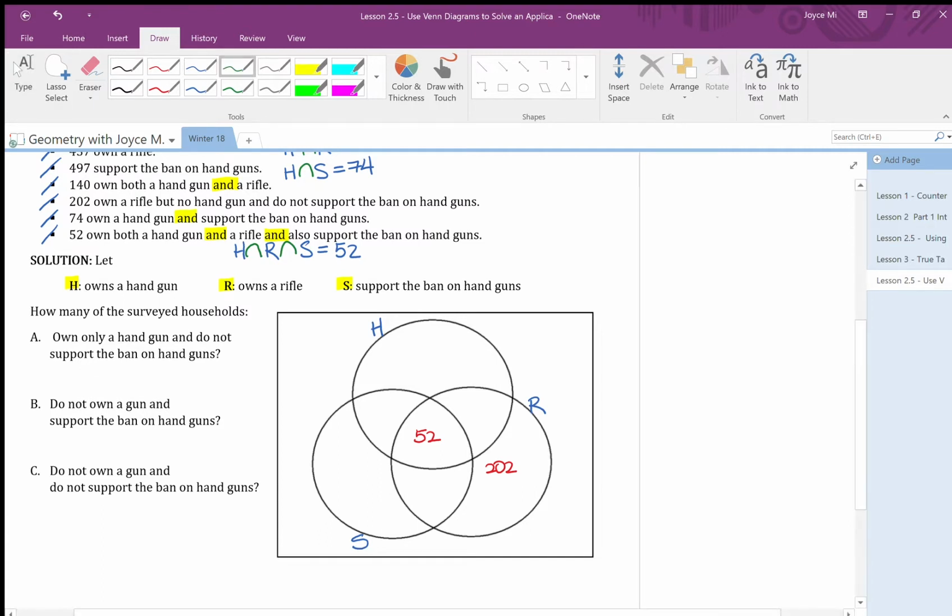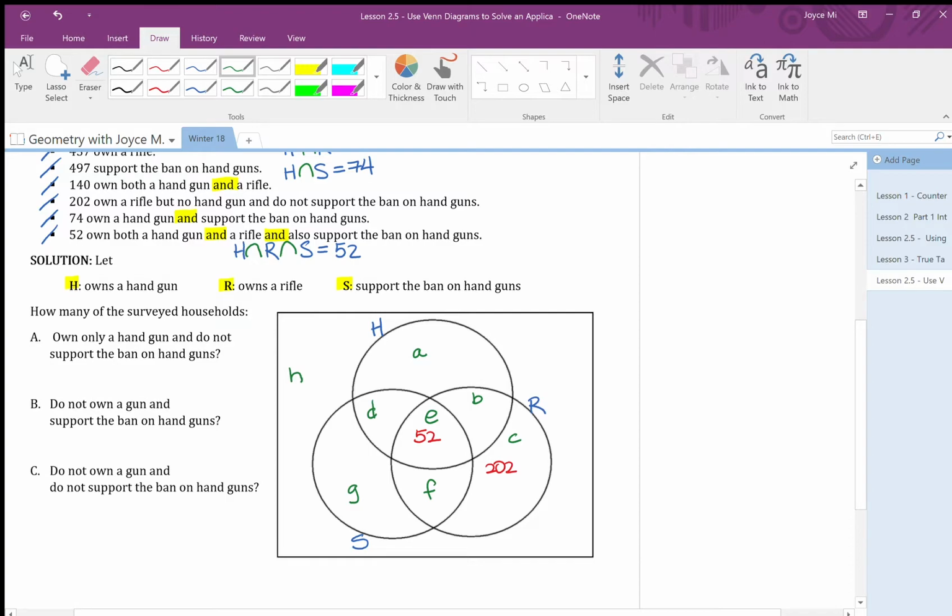I'm going to call this region A, this region B, C, D, E, F, and G. And is there another region? Yes, let's call this region H, and region H here represents households that do not have a handgun, do not have a rifle, and also do not support the ban.